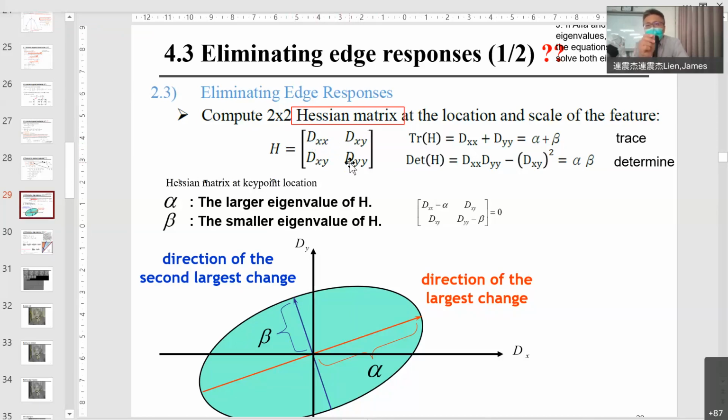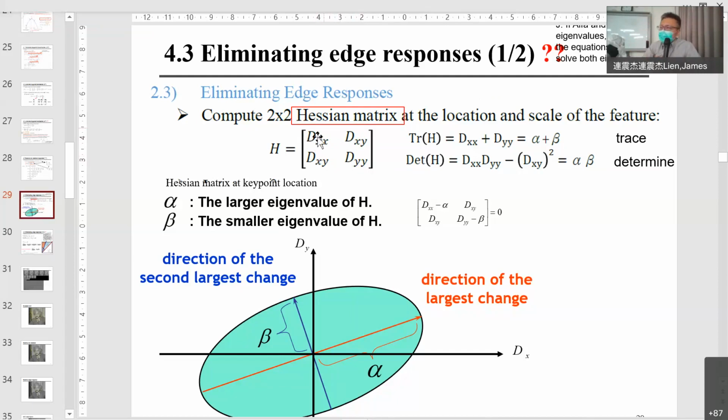Covariance 本来是影像乘影像，第一张影像跟第二张影像之间的关系，这是 correlation。那 Hessian 要一次微分，所以是 Ix times Ix, Ix times Iy, Iy times Iy，就这样。So the Hessian matrix must be 2 by 2. 那你如果考虑更多点，就把这些点加起来。If you consider a patch, suppose the patch size is 3 by 3, this will be a summation over 3 by 3.